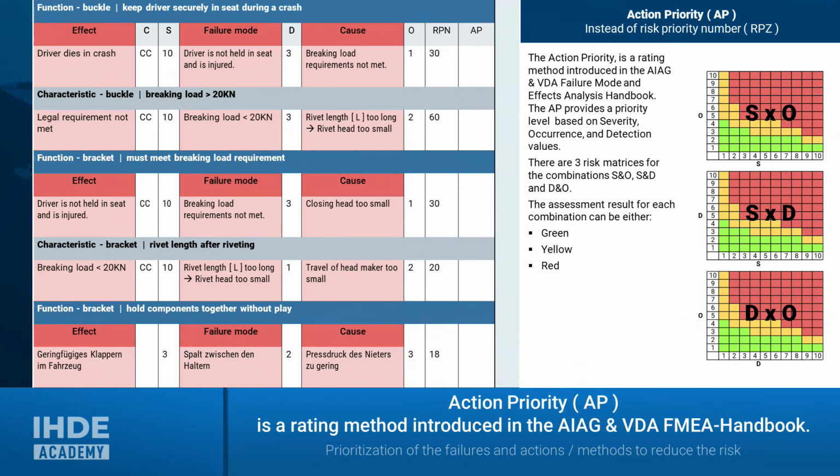The action priority sets the priorities using a traffic light system. There are 3 risk matrices. One for the combination of severity and occurrence, one for the combination of severity and detection, and the third for the combination of detection and occurrence. If you end up in a green field in one of the combinations, the priority is low. If you end up in a red field, the action priority is high. Yellow is, of course, in between.